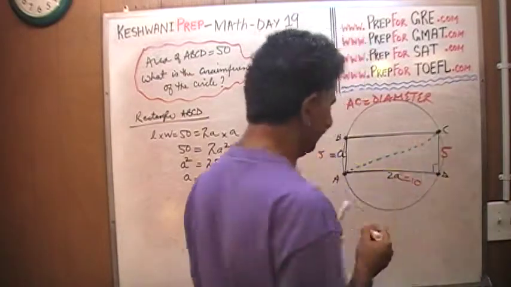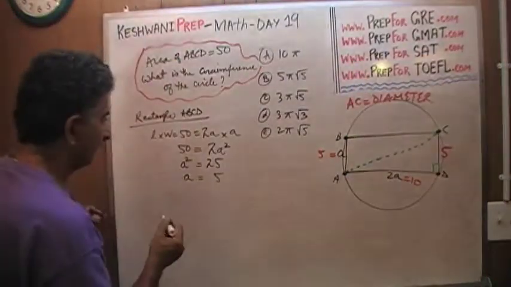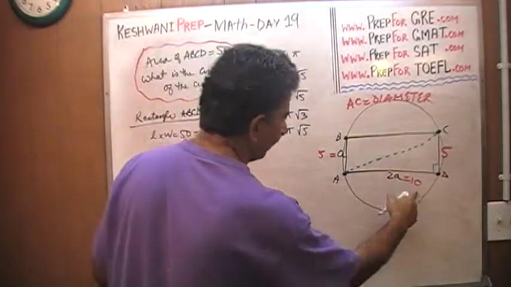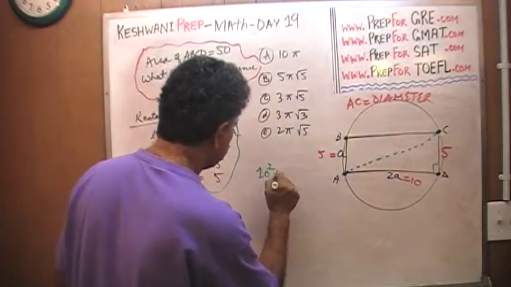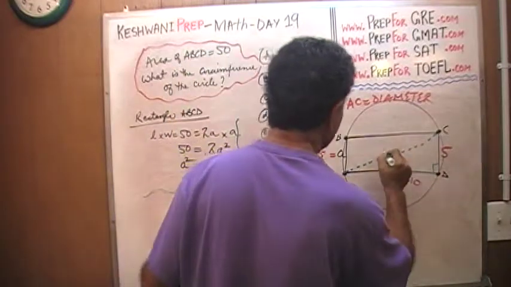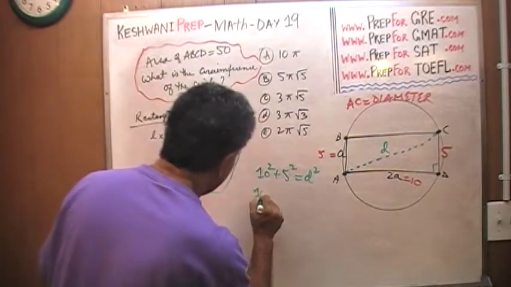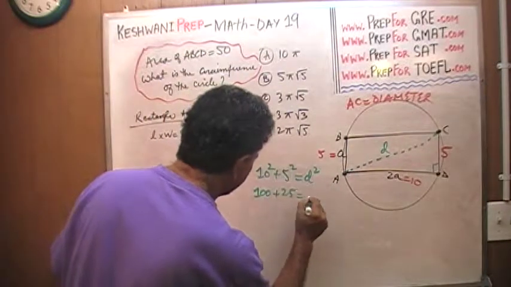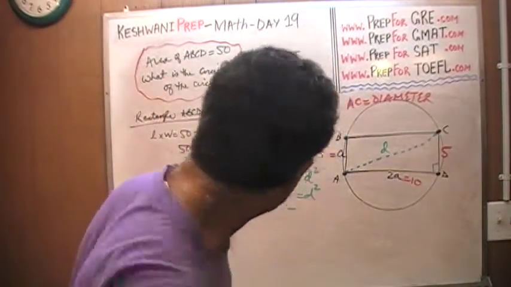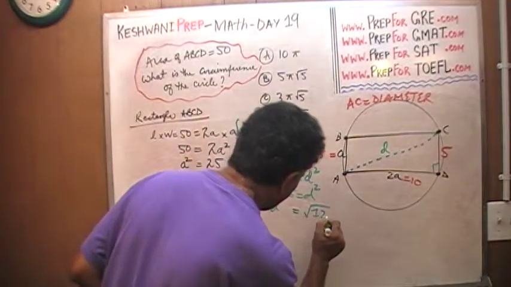And we can very easily find that out by using the Pythagorean theorem. So let's do that then. Using the Pythagorean theorem tells us that 10 squared plus 5 squared should equal, let's call this D for diameter, D squared. 10 squared is 100, plus 25 equals D squared, therefore D is the square root of 125.